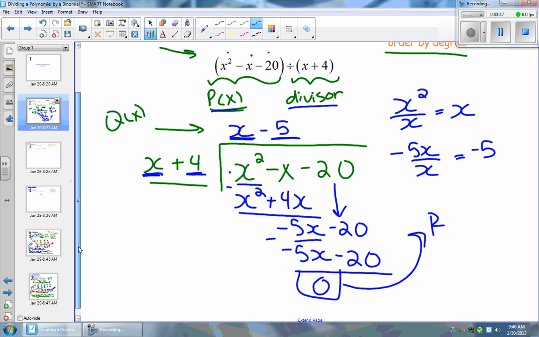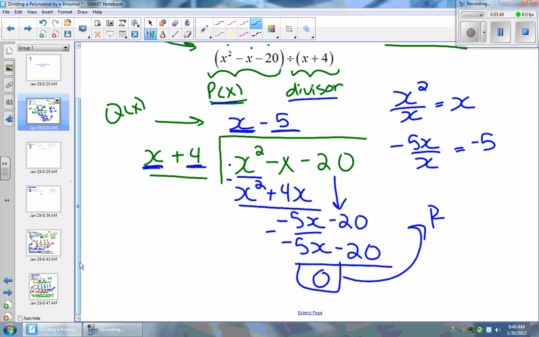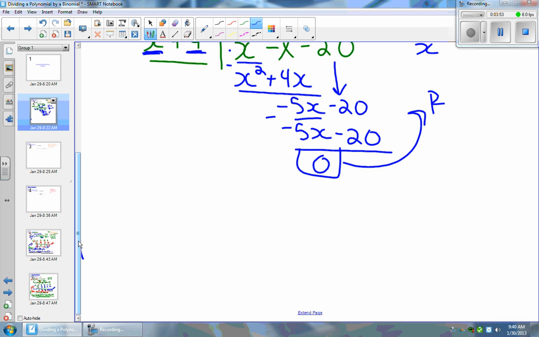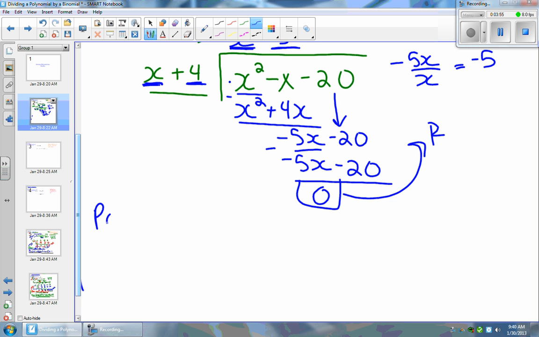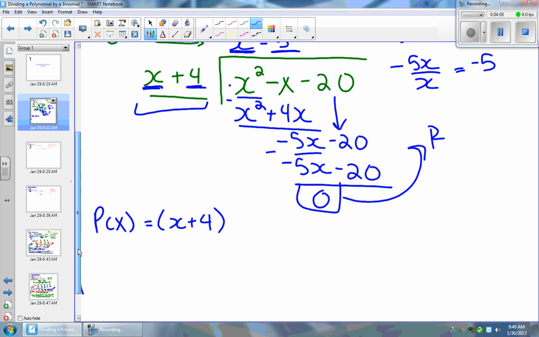If we were to write our result as a proper division statement, we do it as follows. We start with p of x, and we take our divisor, x plus 4, and we multiply by our quotient. Now what is my quotient?